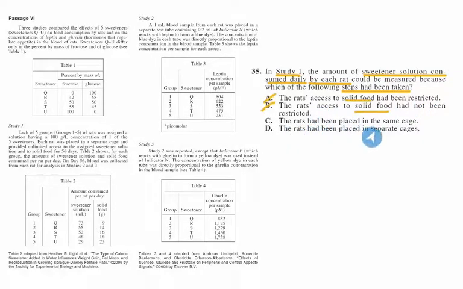The rats have been placed in the same cage, or the rats have been placed in separate cages. Well, we can either use rationalization and say separate cages means they can measure each rat, or we can go just by what it says. And it says each rat was placed in a separate cage, so the truth of the experiment, or the logic of the experiment, either one, says the answer has to be D.